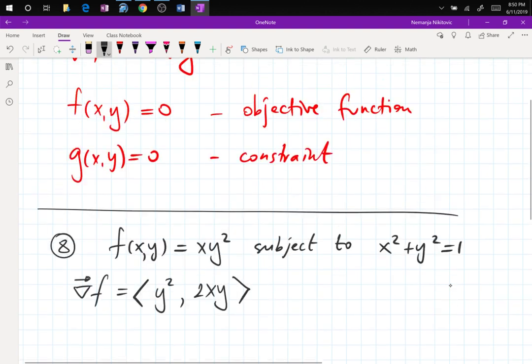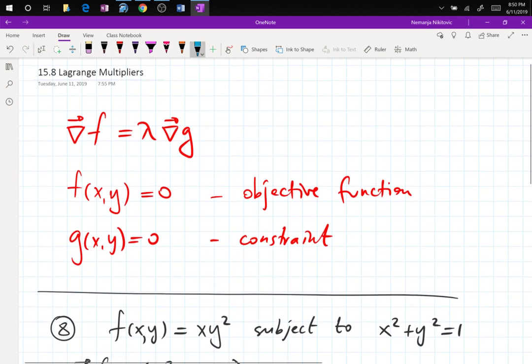Let me briefly remind you that del f is f sub x comma f sub y, partial derivatives, and then del g would be g sub x, g sub y as partial derivatives. So that's what we have.